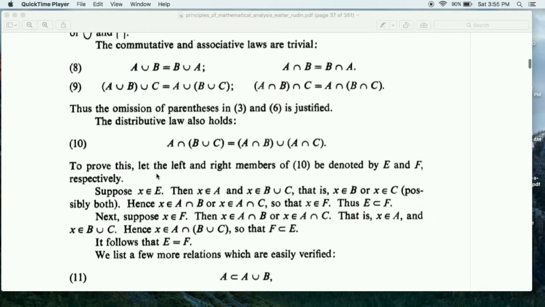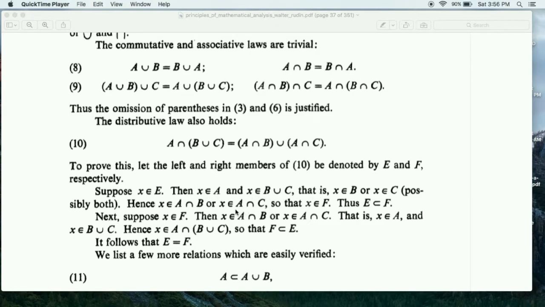That is what is being done over here. We take the left and right members of this equation 10 as E and F. We pick up some element in E. Then X belongs to A intersection B union C. This means that X belongs to A and X belongs to B union C because it is in the intersection, so it must belong to both. Which means that X belongs to A and X belongs to either of B or C.